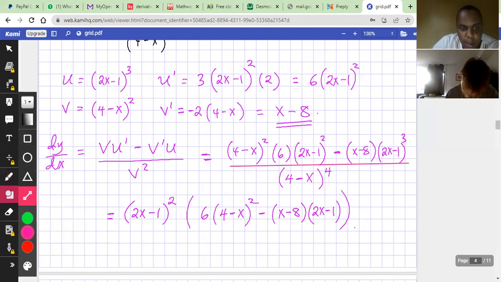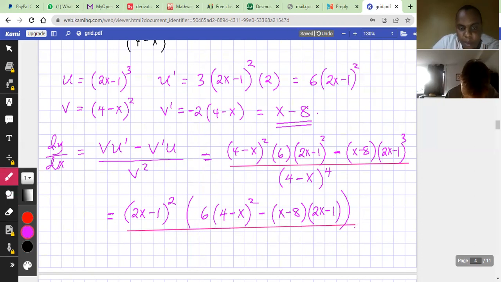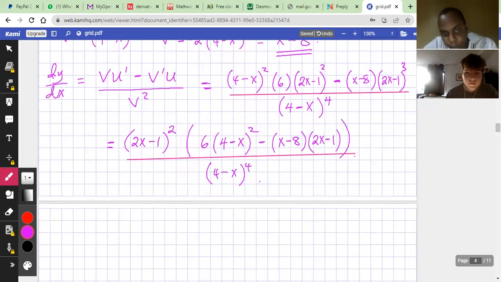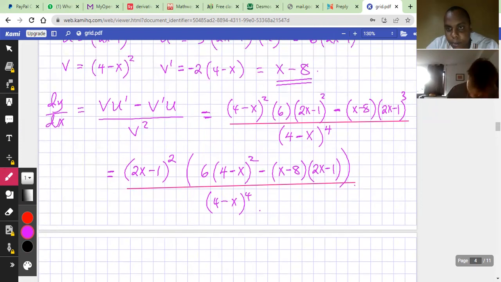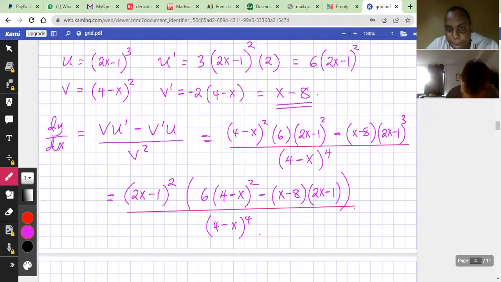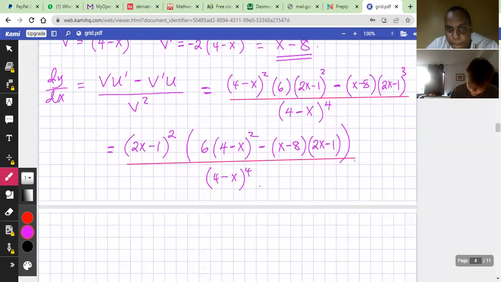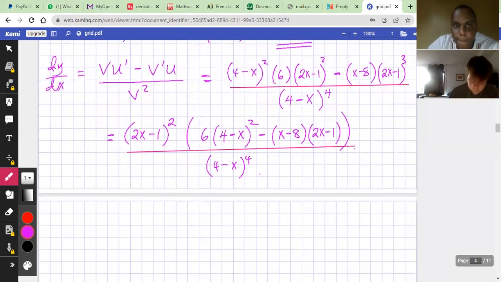And everything is over (4 minus x) to the power of 4. Wait, oh, it's cubed, no wonder. So (2x minus 1) squared over the entirety over (4 minus x) to the power of 4.